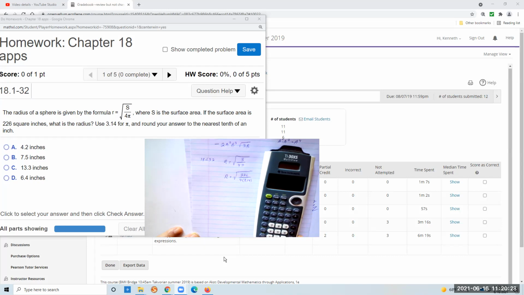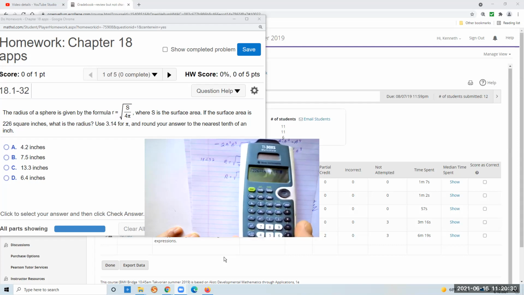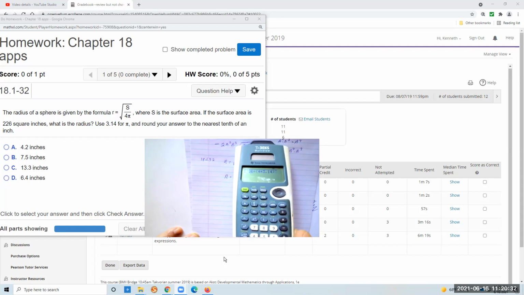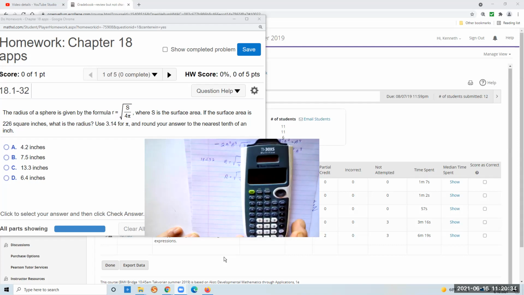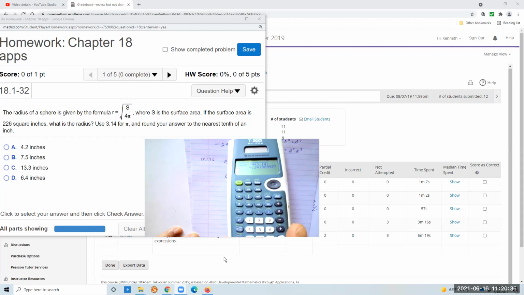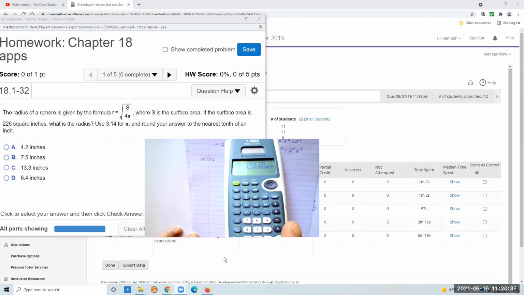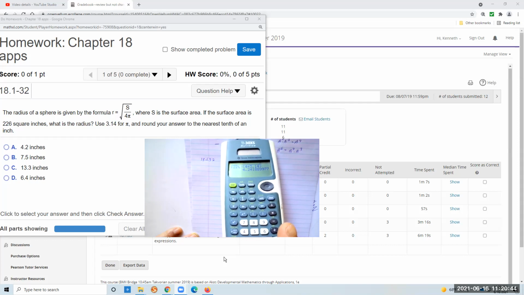And now I'm going to ask it to calculate. Let me show you what it looks like. I'm getting an answer of 4.241. We need to round it to one decimal place, so I'm going to say 4.2 is the correct answer.